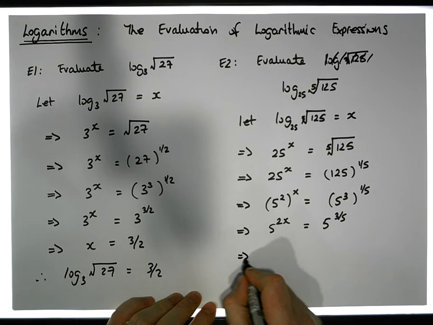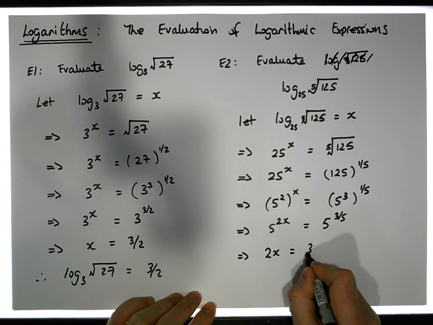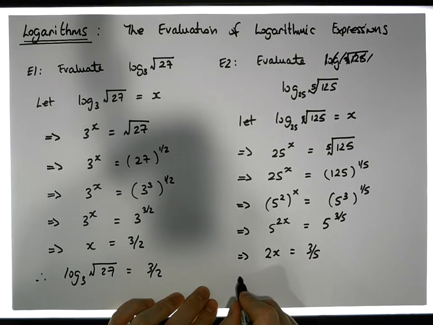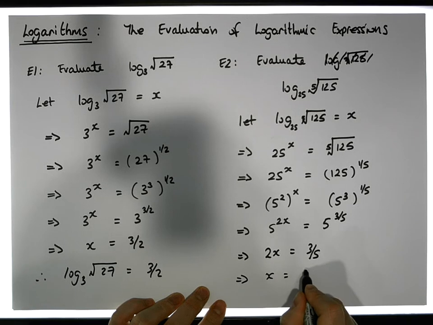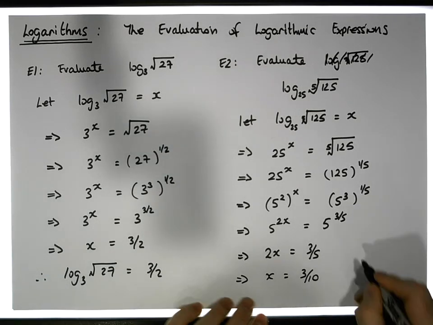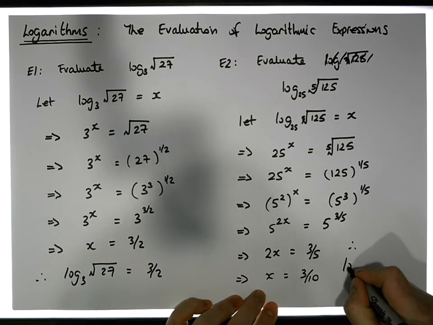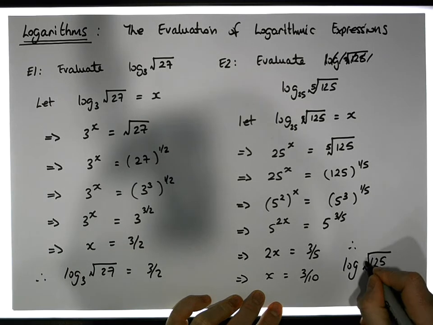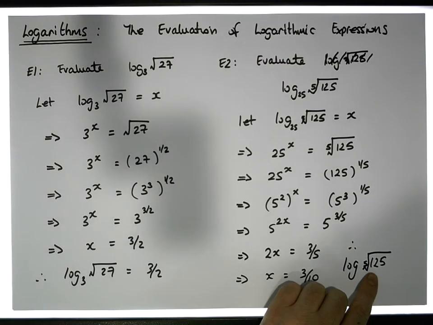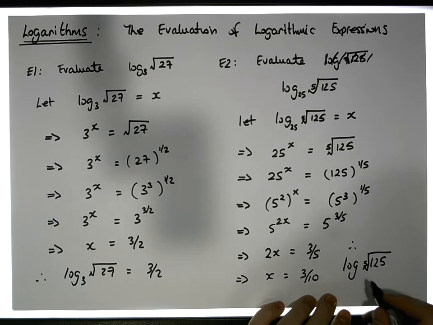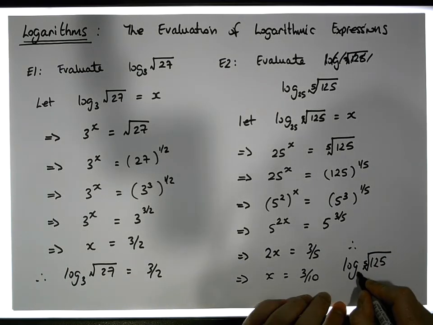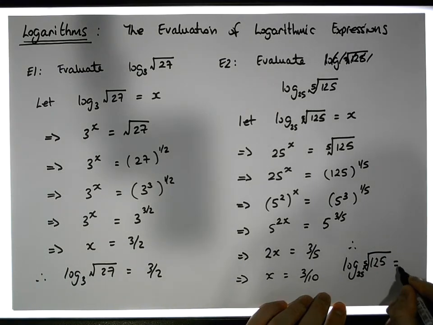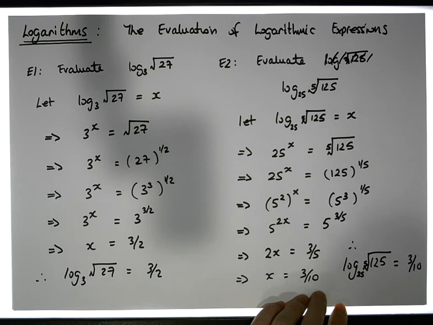So 2x must be equal to 3/5, which implies that x must be equal to 3/10. Therefore, the log of the fifth root of 125 to the base 25 is equal to 3/10, as required.